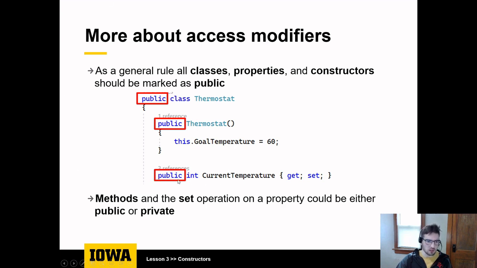This is not universally true that these should always be this way, but where we are in the course, generally it's going to make sense for these to all be public. Where you have some flexibility is with the methods and with that set at the end. Methods and the set operation on a property could be either public or they could be private.